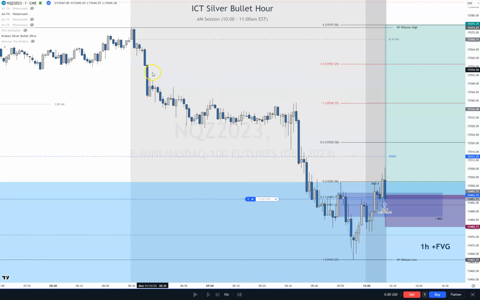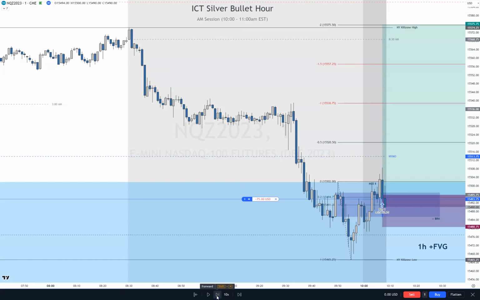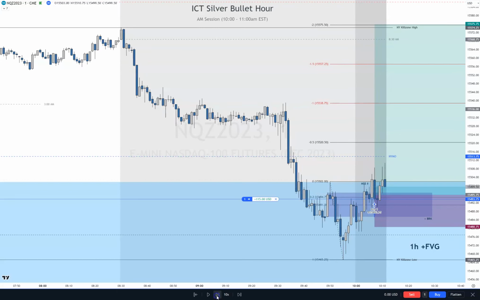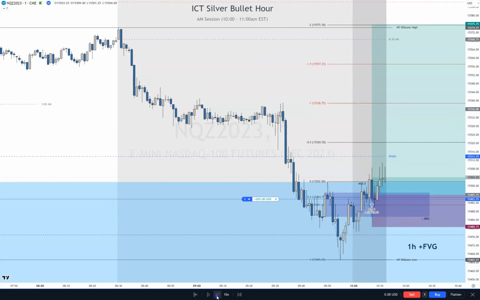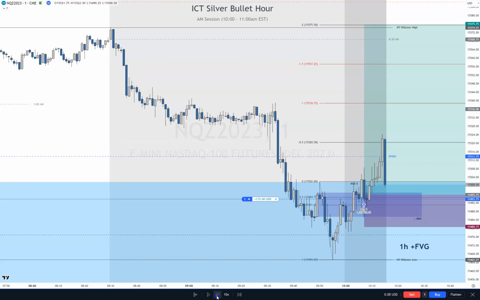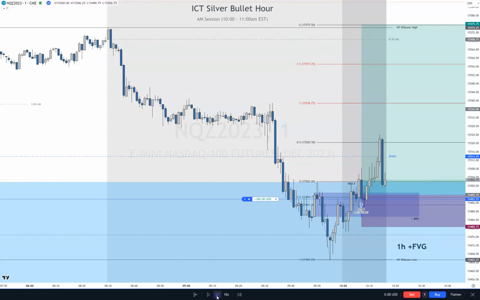You do have some fair value gaps over here that you could run into, and then obviously you want to take the high. Okay, so let's keep going and see what happens here. Don't like that candle at all.